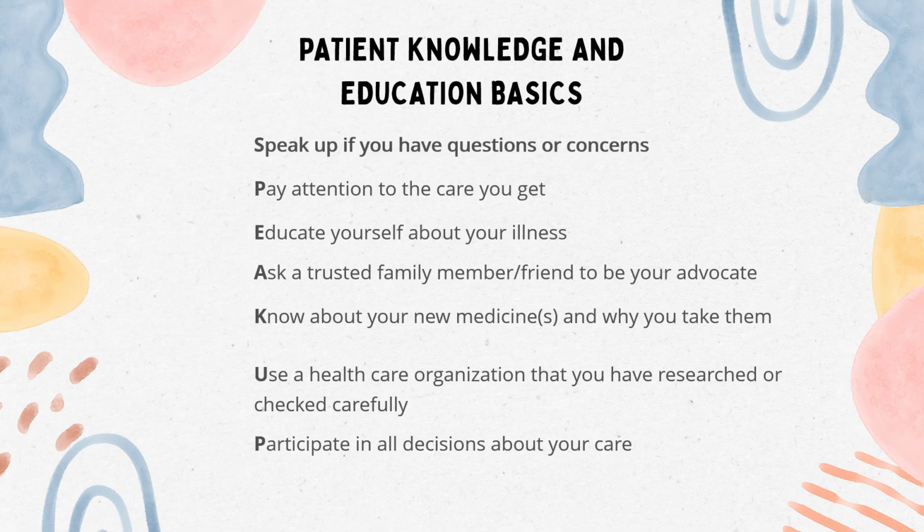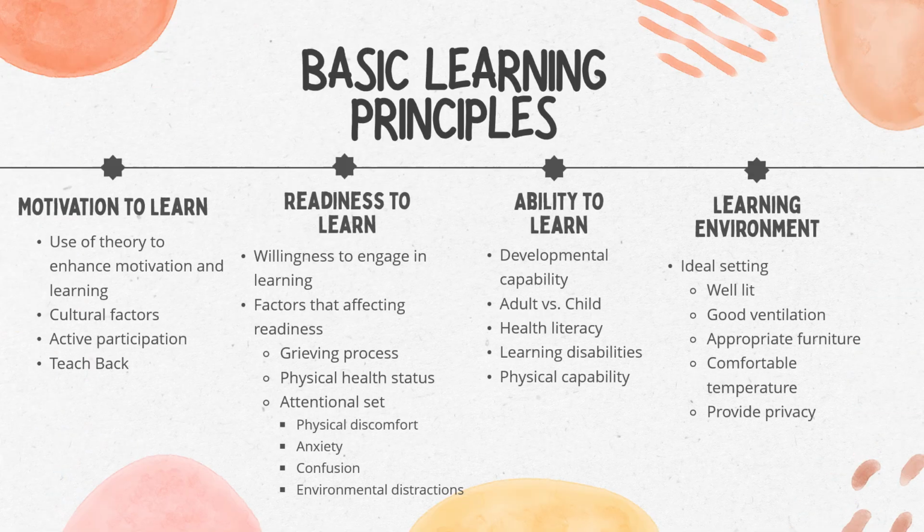And then P, participate in all decisions about your care. So for us as nurses, we can encourage them to be involved and encourage that independence. So these are going to be the basic learning principles. A patient needs to have a motivation to learn, the readiness to learn, and the ability to learn, and be within a learning environment.